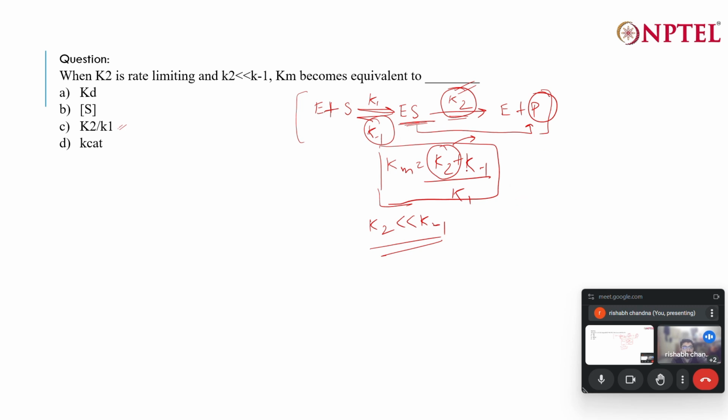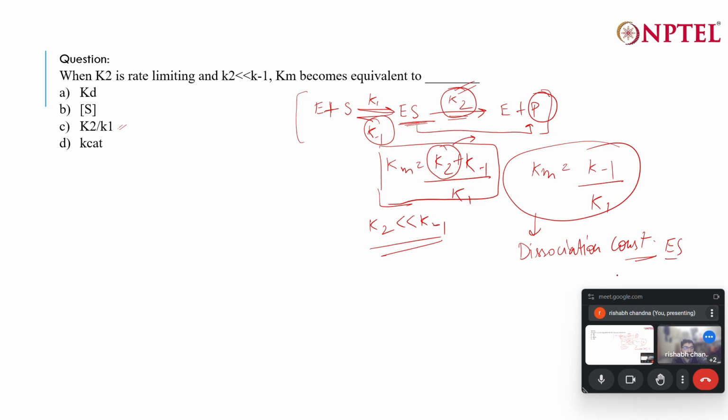When K2 is very, very much less than K minus 1, Km becomes K minus 1 by K1. This depicts the dissociation constant of the ES complex into E plus S. Once ES is formed, it can be associated by the constant K1 and dissociated by the constant K minus 1.